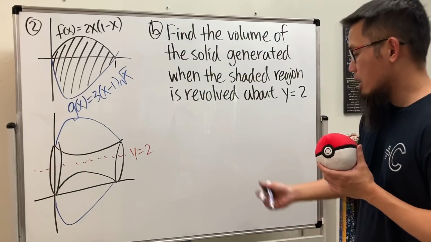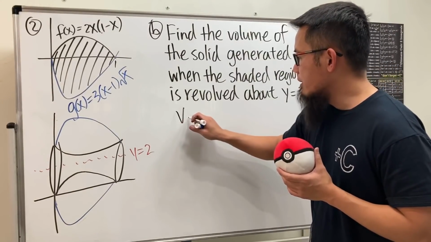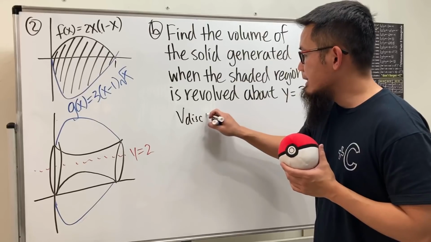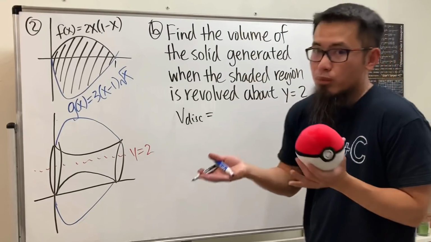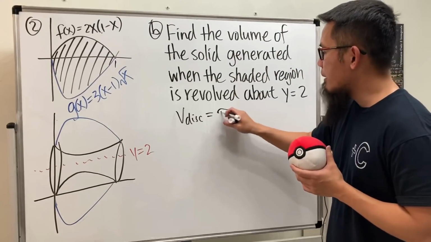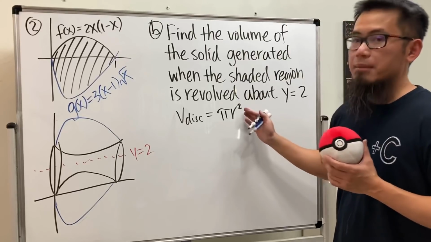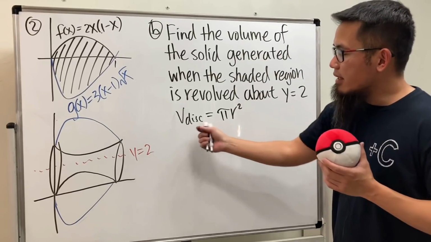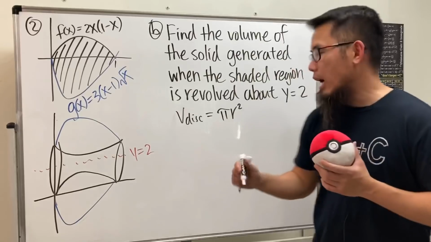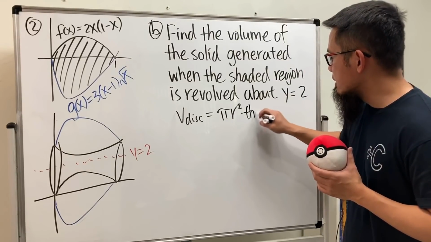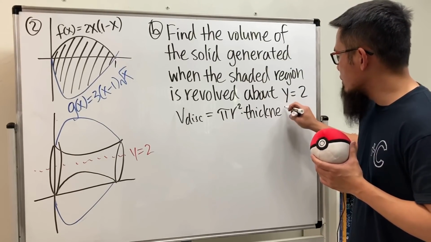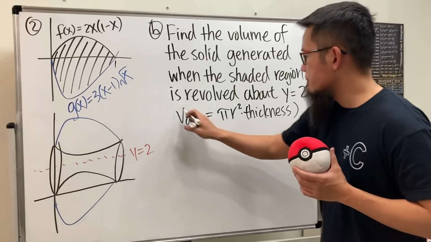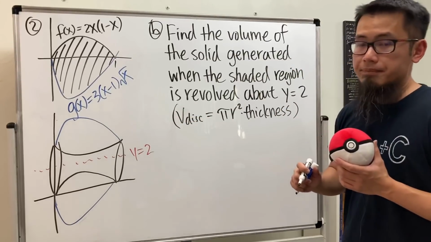So how do we do it? Remember the volume of a disk, right? It's equal to what? It's just pretty much like a cylinder, right? You have pi r squared times the height. But a disk is so thin, so the height, I would just call that thickness. So this is what you have to keep in mind, right? This is the volume of a disk.